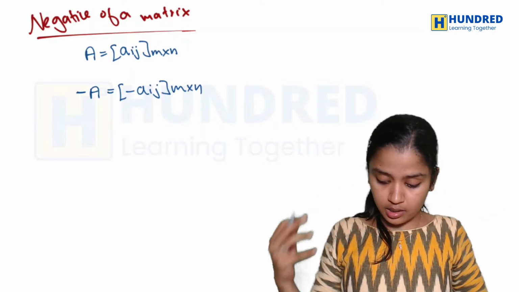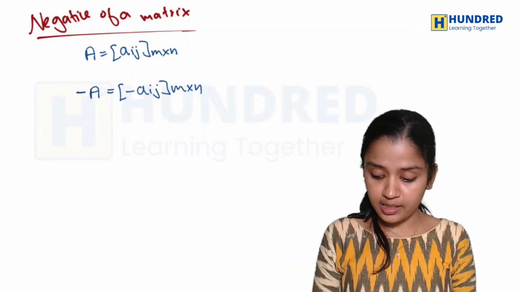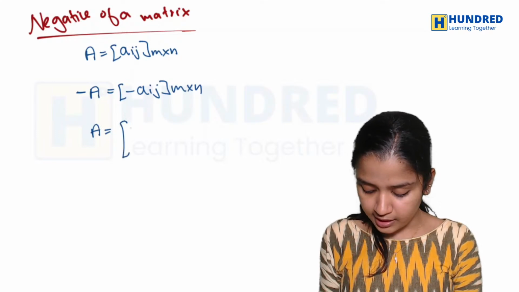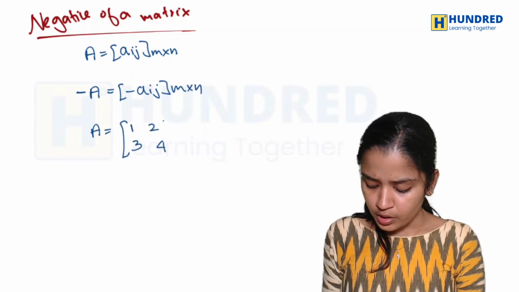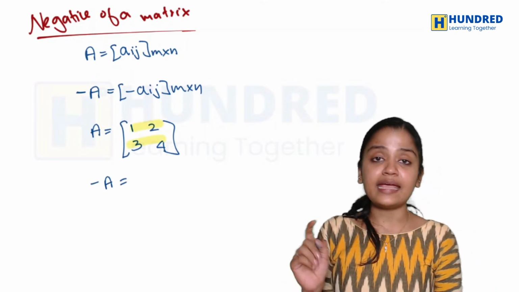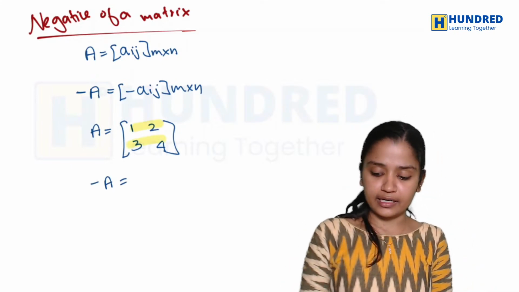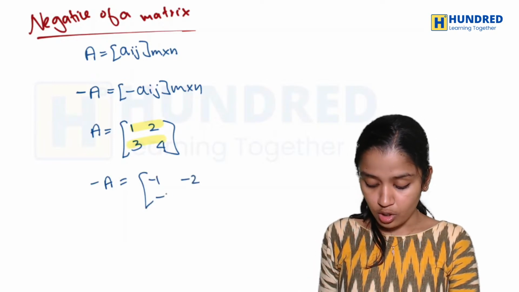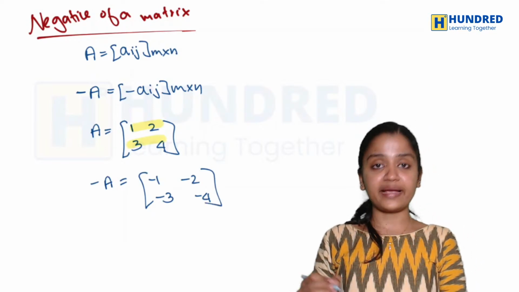So that is called negative basically. Let me take an example. So A is equal to, I'm taking 1, 2, 3, 4. If I take negative of A, each and every element will be negative. So basically it will be minus 1, minus 2, minus 3 and minus 4.